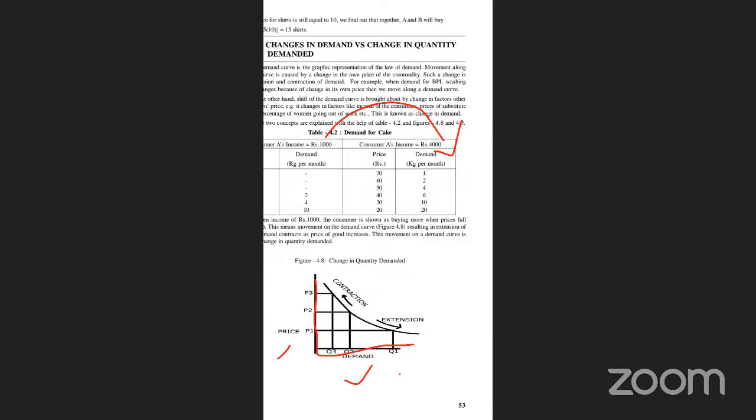P3, contraction and extension. Here you can see how the graph is moving when there is change in quantity demanded, which is based upon the price. And this happens when there is change in income also. There can be change in the quantity demanded.